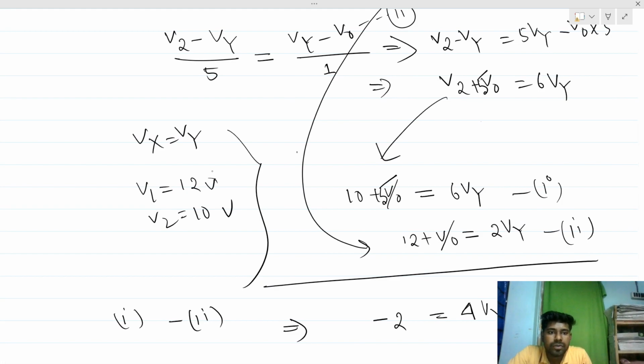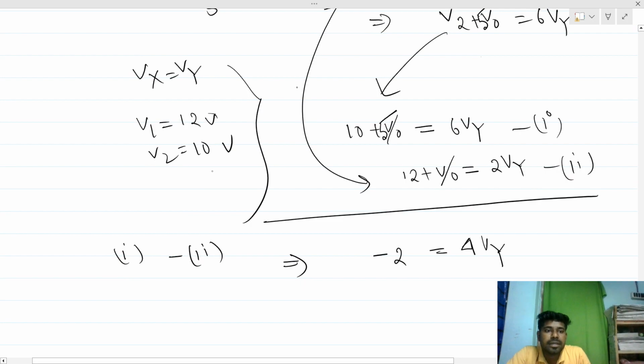Now we need to multiply the equation, so this will be 6, and this is V out, so this will be 3 V out, and this will be into 3, right?